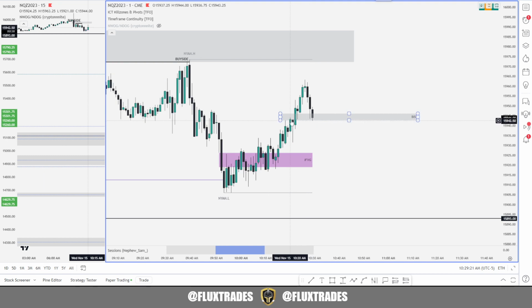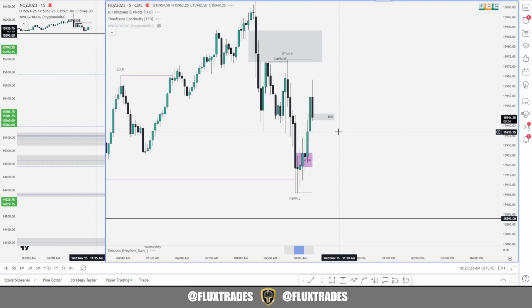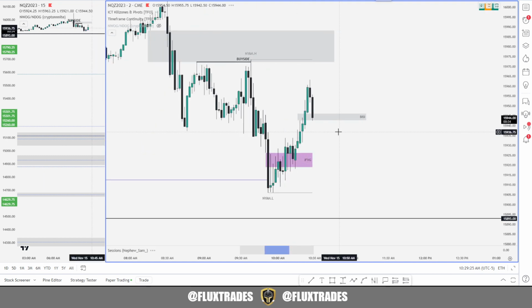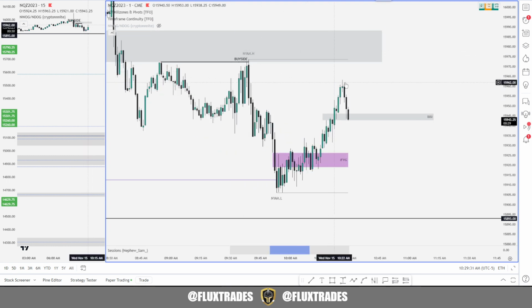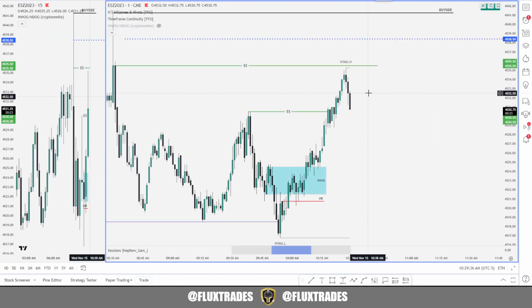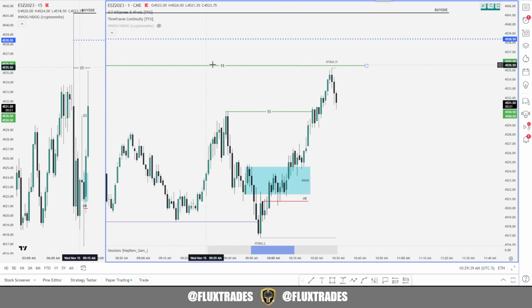Tapping into this order block here. Still SMT divergence up here. So I'm watching this. Yes, just barely missed their target.